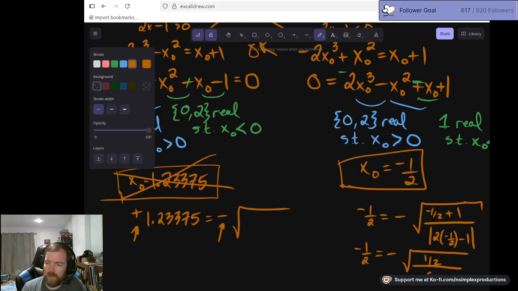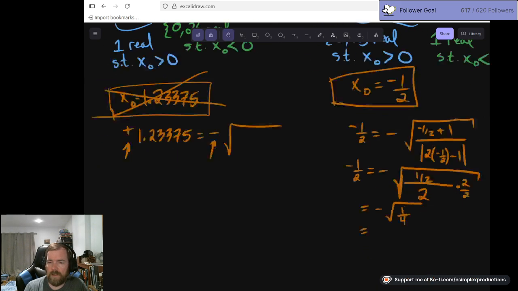Take the absolute value and we get a 2. Looks much better already. Multiply both top and bottom by 2 within the square root, and we end up with negative square root of 1 over 4, which is indeed negative 1/2.